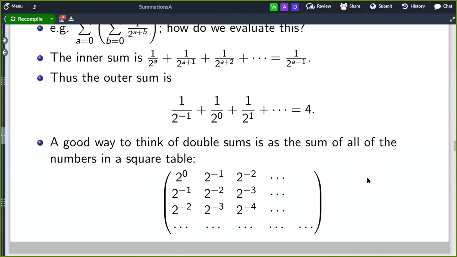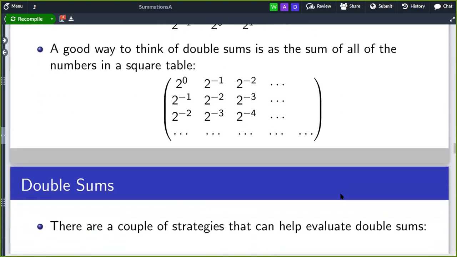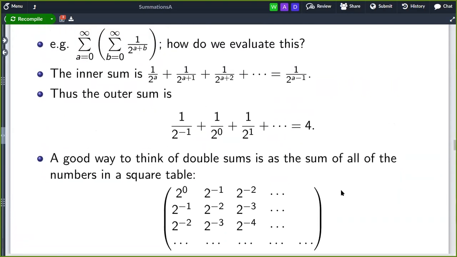So what the double sum says is to fix A and sum over B. The first term inside of the double sum, for A equals 0, would be 1/2 to the 0 plus 1/2 to the 1 plus 1/2 squared, which would be the first row of the sum. And then when A equals 1, the sum is 1/2 to the 1 plus 1/2 to the 2, which is the second row of the sum. So what this problem tells us to do is to sum the entire first row, then add that to the entire second row, and add that to the third row, and so on.